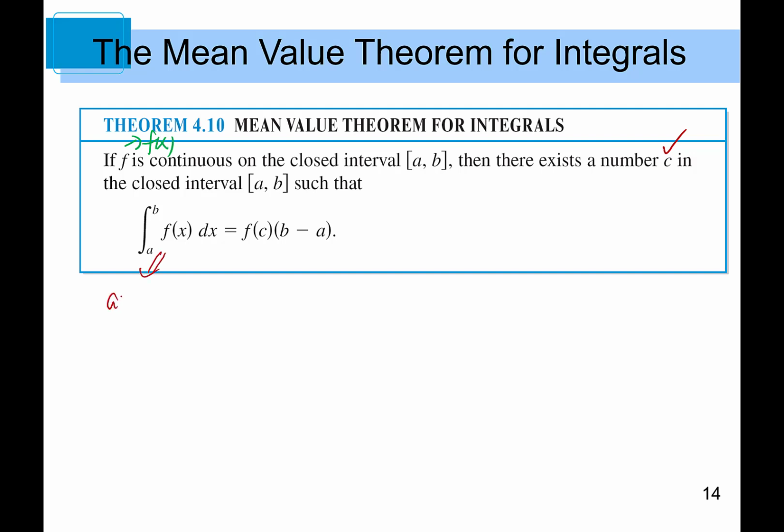This is the area under the curve. This f of c is the height. b minus a is the base of the rectangle. And the rectangle has the same area as the area under the curve.